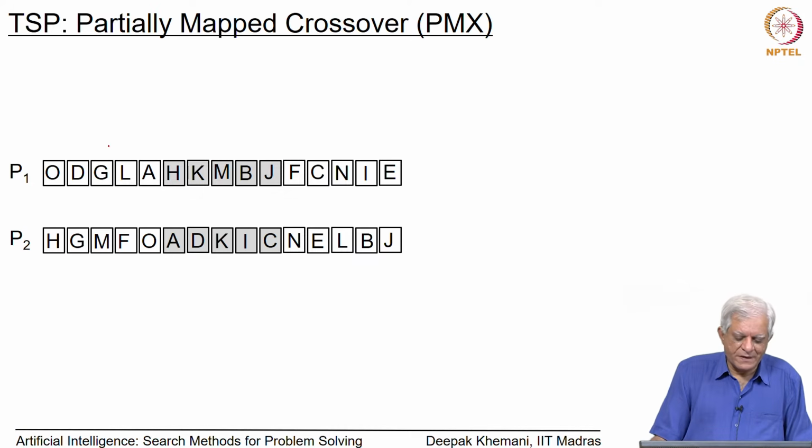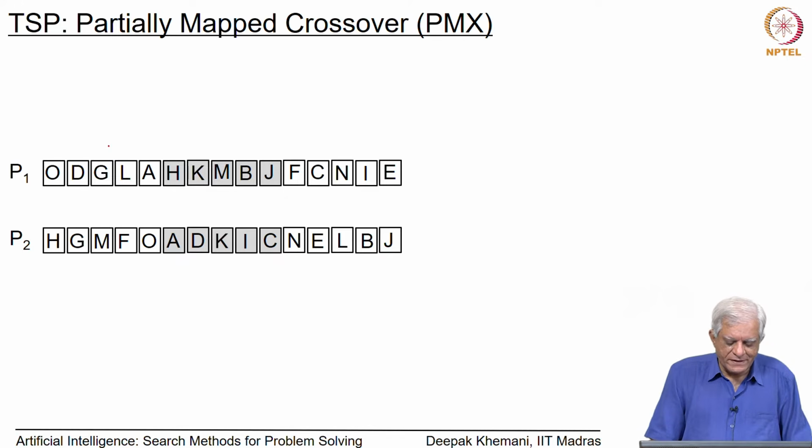One is called the partially mapped crossover. In this crossover we first select a subtour in both the tours in corresponding positions. That is shown here by the shaded cities H K M B J in parent 1 and correspondingly A D K I C in parent 2 essentially.